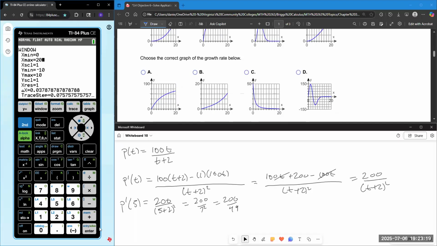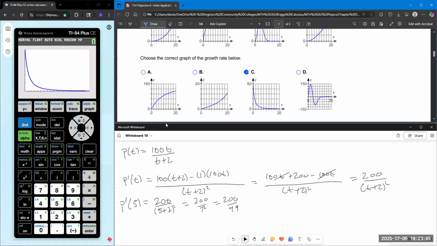Just go ahead and look at the graph right now. I'm pretty sure it's this one. Yes. So see how it's a decreasing function.